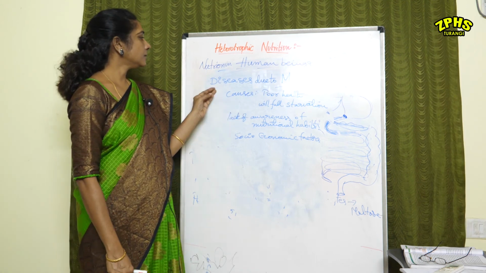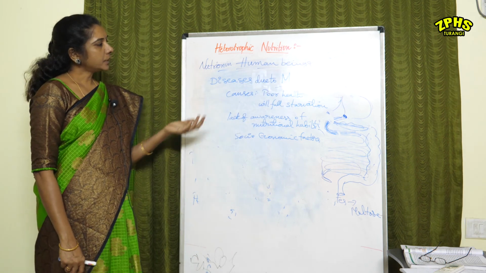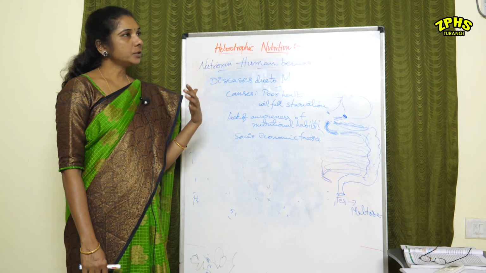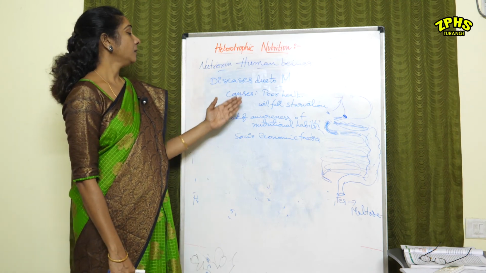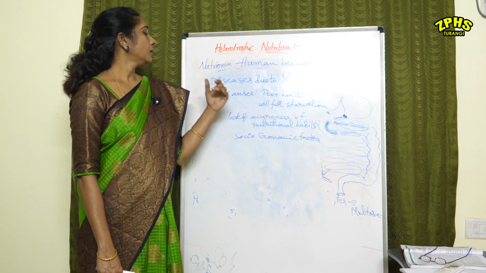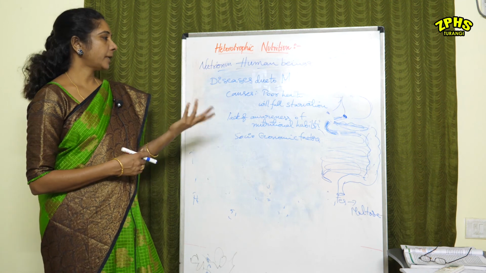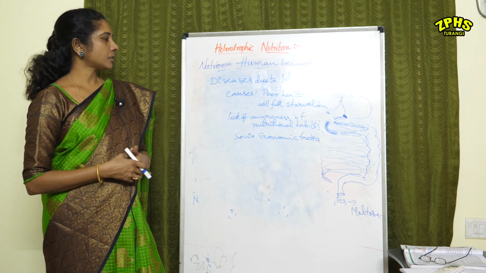So what are the diseases human beings get due to malnutrition? Before that, let us know the causes of malnutrition. Why don't we take nutritious food? The reasons may be poor health, willful starvation. Some people, in the name of God, keep starvation.